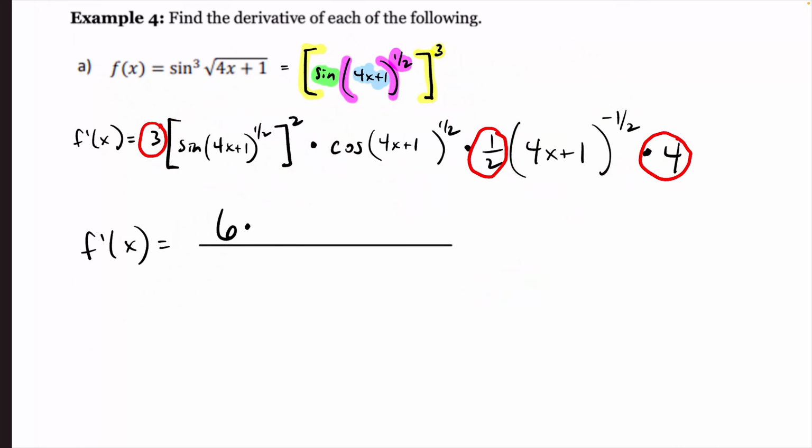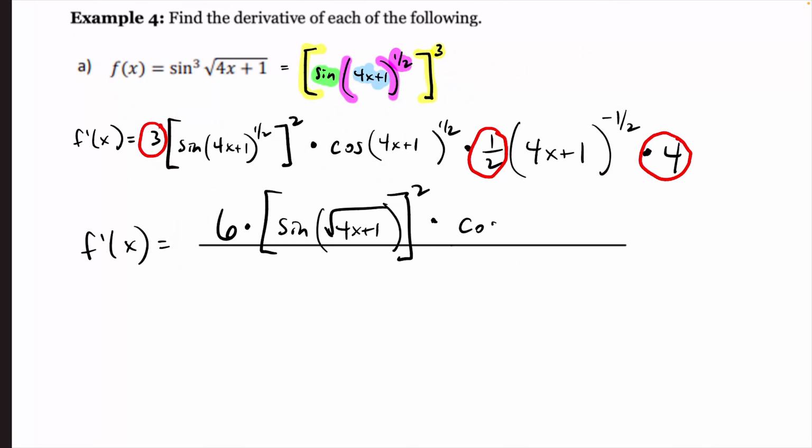Okay, so let me write that down. Brackets, sine. Actually, I probably should, on the inside, give it its square root back. You don't have to. You could leave it as 1/2 power, but since it started with a square root, I put it back most times.